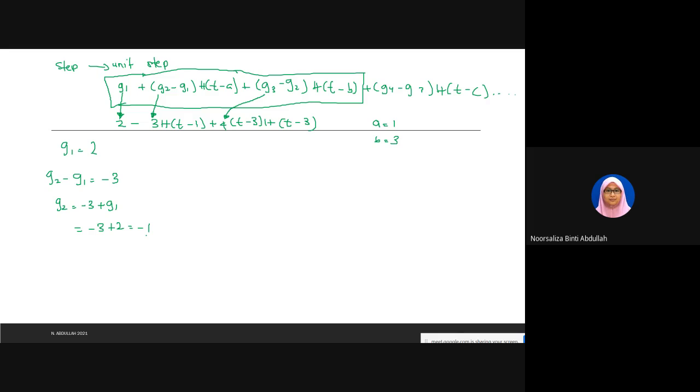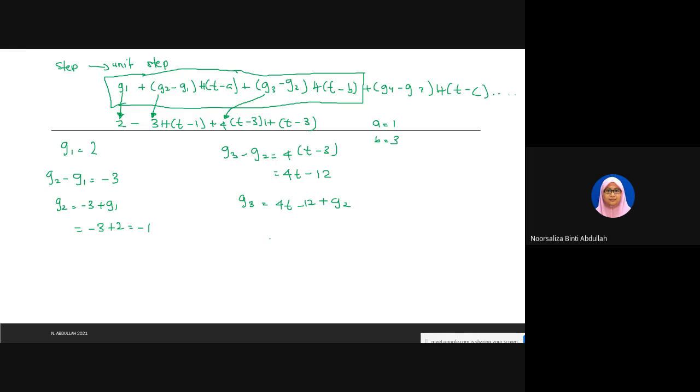Do you understand up to here? Next, g3 minus g2 equals 4(t minus 3), or equals 4t minus 12. We want to get g3, so g3 equals 4t minus 12 plus g2.